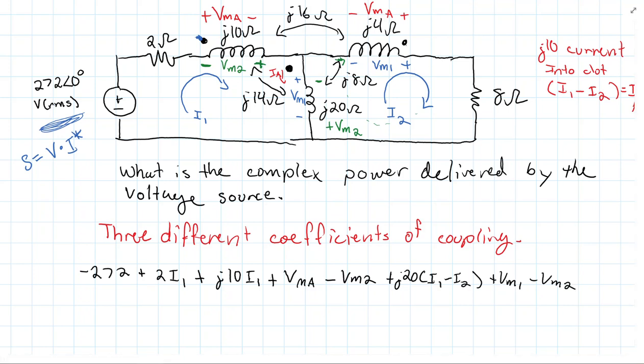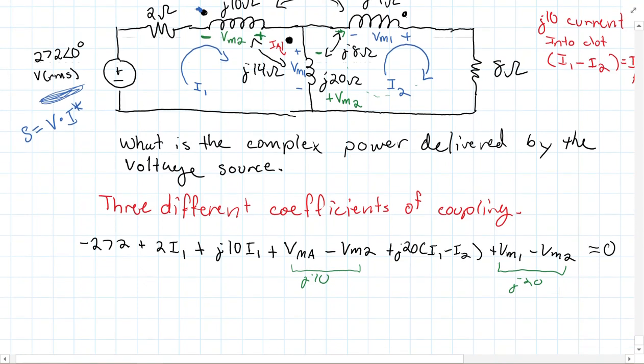Now I'm going to just put in here, this is for the j10, and this is for the j20, because we need to know that so that we get the correct couplings. And this, of course, is all equal to 0.